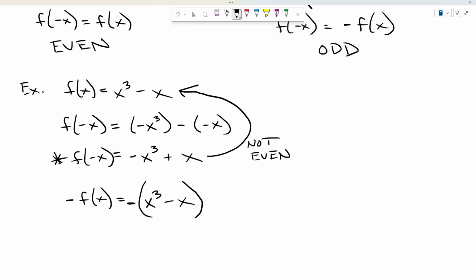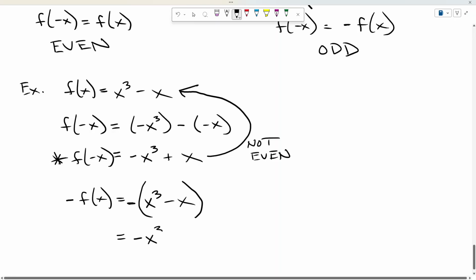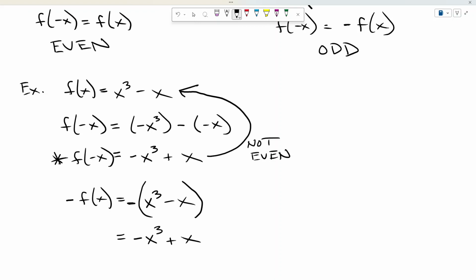All right, so make sure you know the difference between what we did with f of negative x and negative f of x. For negative f of x, we're saying the entirety of f of x is negative. So what we're going to have to do is distribute this negative. We distribute the negative times the x cubed, so we end up with negative x cubed, and then negative times a negative will get plus x. So now look what we did here.